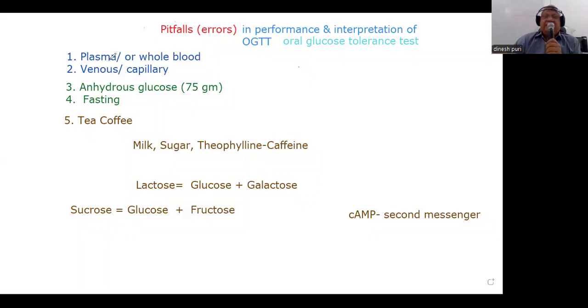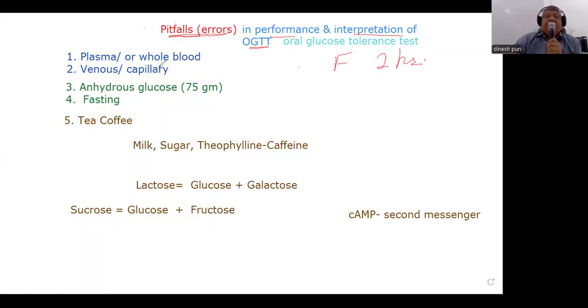In this video, we are going to discuss certain pitfalls or potential errors during performance and interpretation of the oral glucose tolerance test, wherein we take fasting blood glucose and a 2-hour value after giving a glucose load.